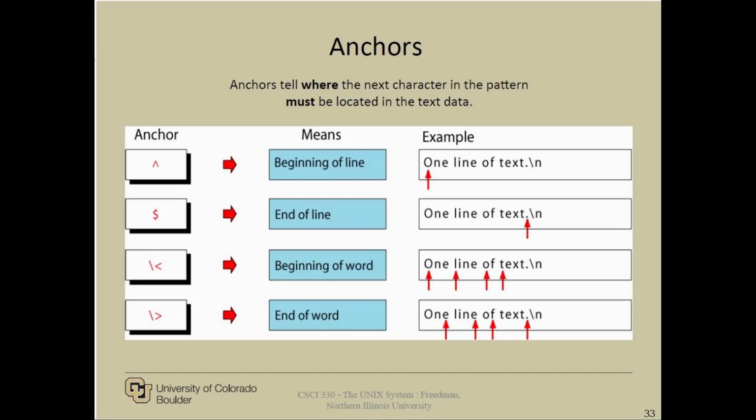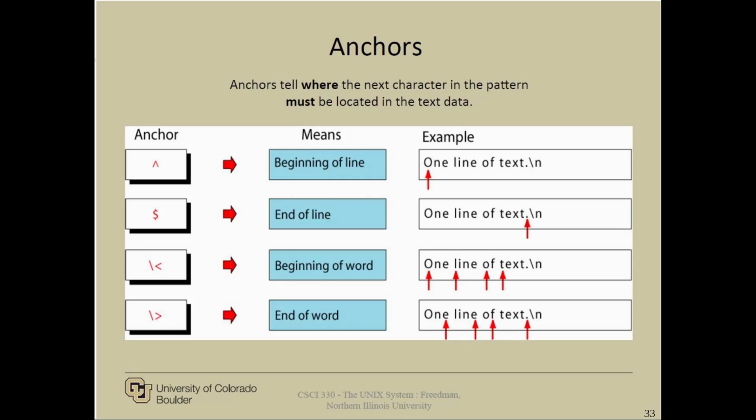All right, so now we'll talk about anchors. Anchors tell where the next character in the pattern must be located. So we have the anchor caret, which says at the beginning of the line. What that's saying is that whatever follows the caret in the regex expression, so caret A, would return false on this string that we have to the right, one line of text.